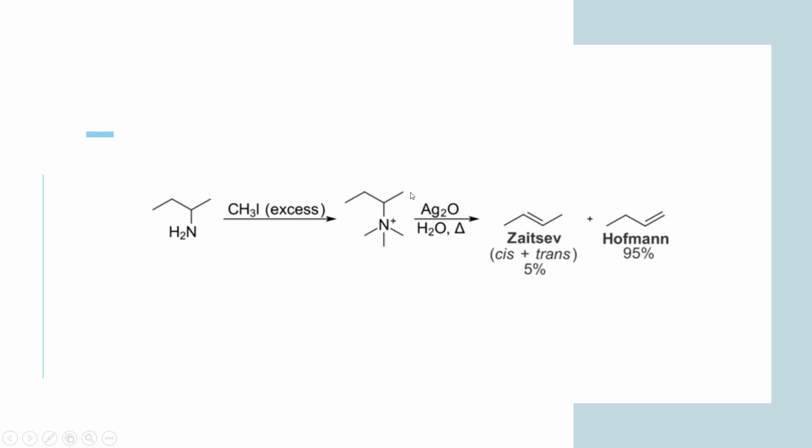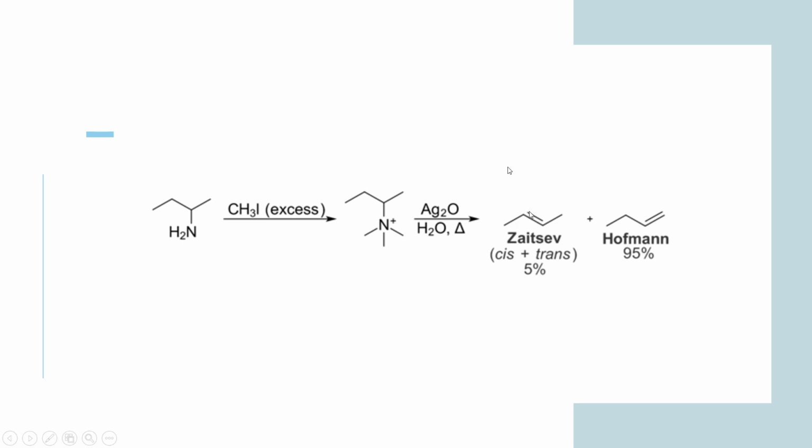The C-H will be abstracted, the C-H bond electrons will be pushed towards this bond, and this particular C-N bond will break to give you the neutralized amine, and in turn you will get the double bond in this position. So these are the two possible products formed in the reaction.